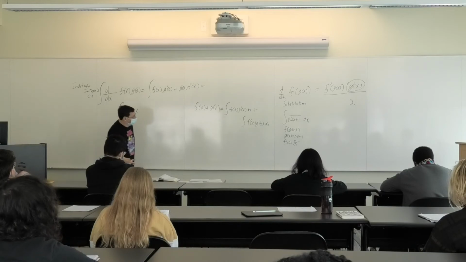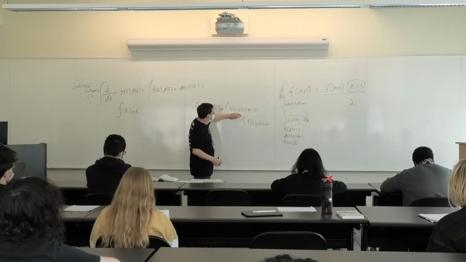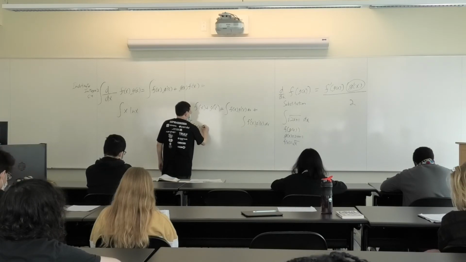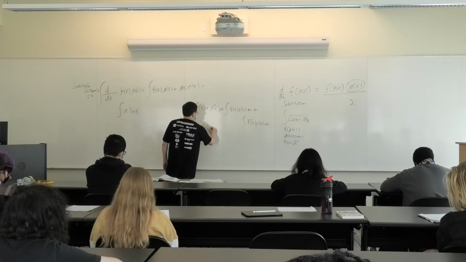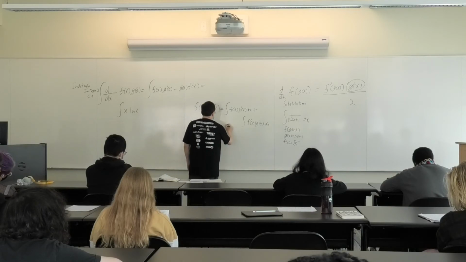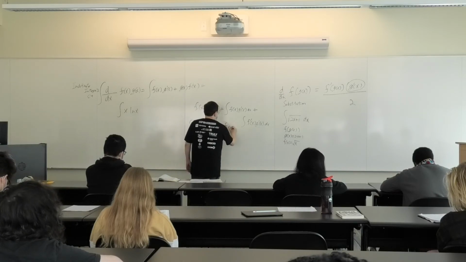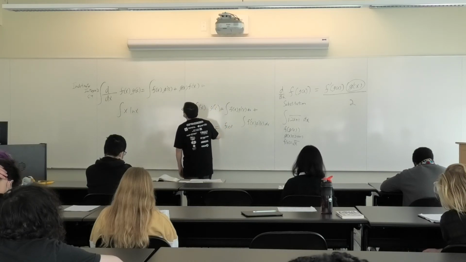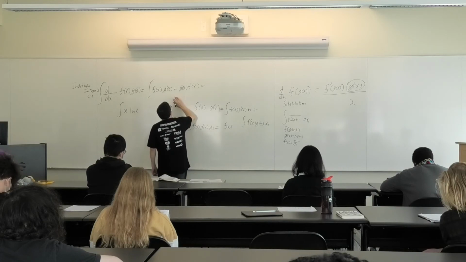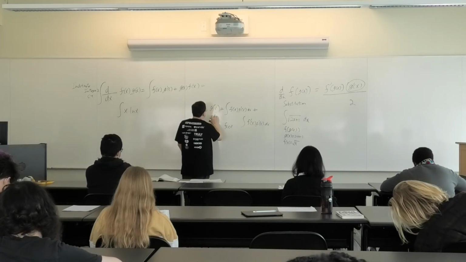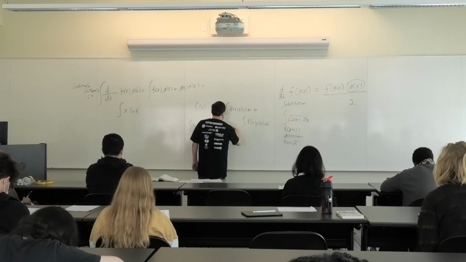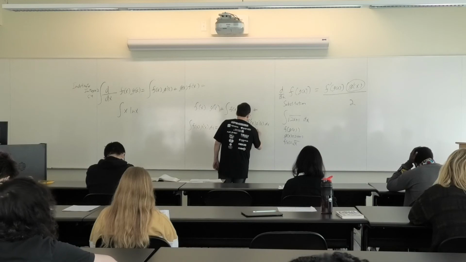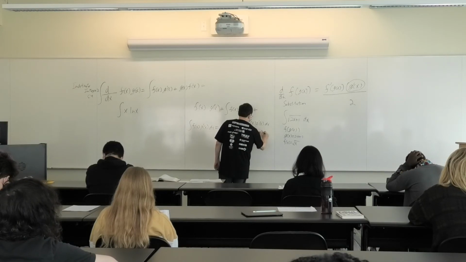And I can solve for, say, this: the integral of f of x, g prime of x, dx equals f of x, g of x minus the integral of f prime of x, g of x.